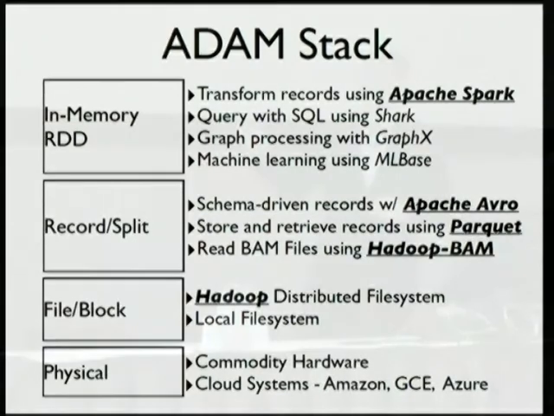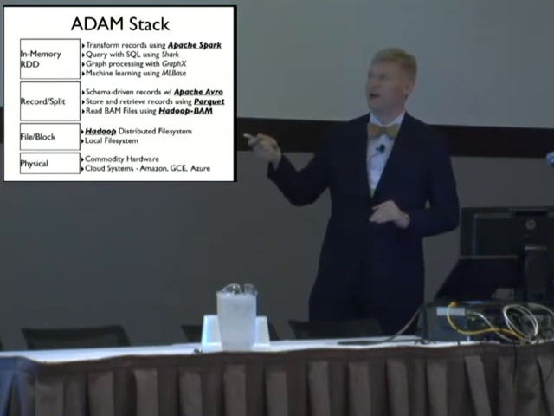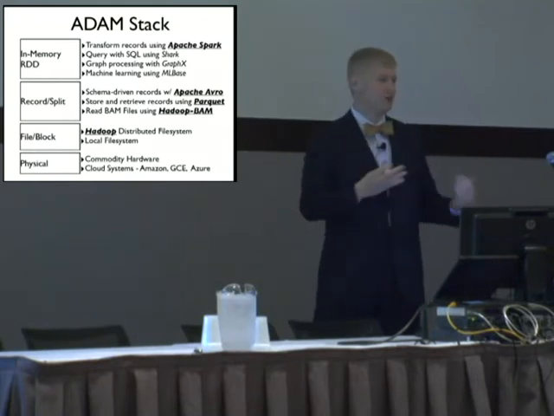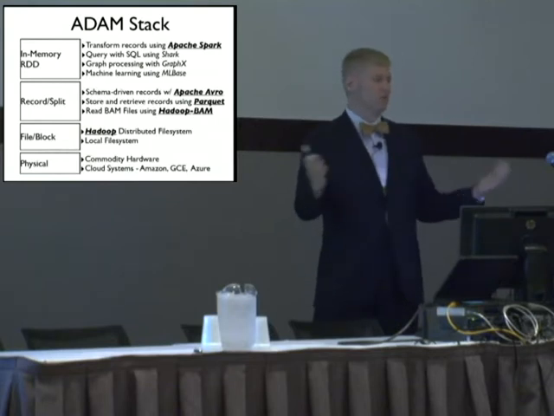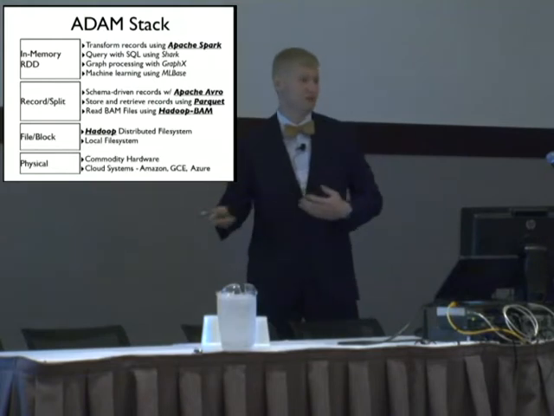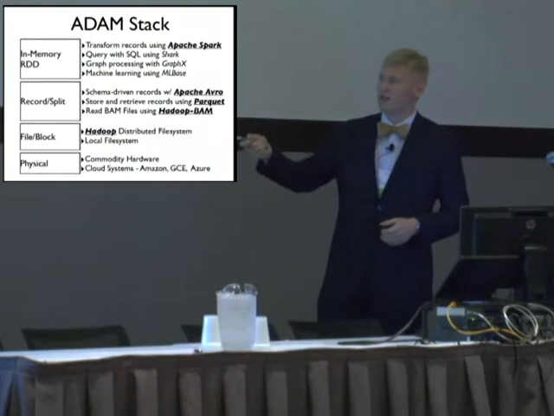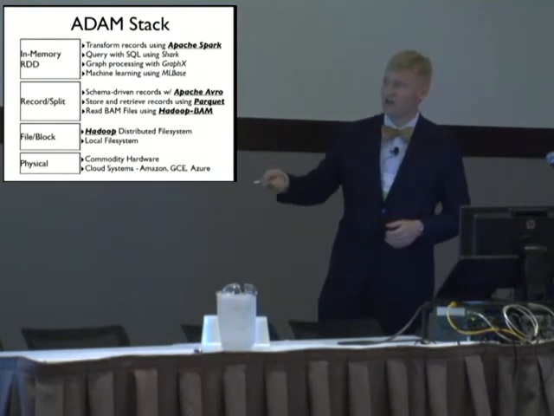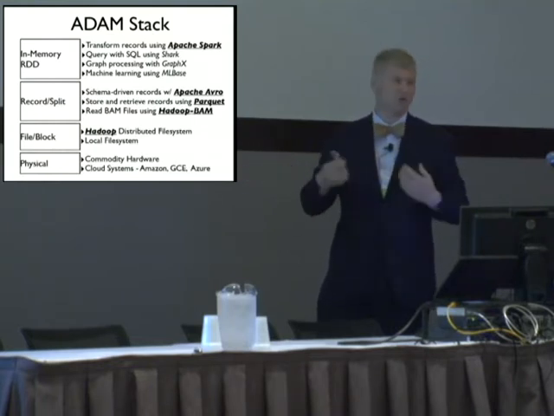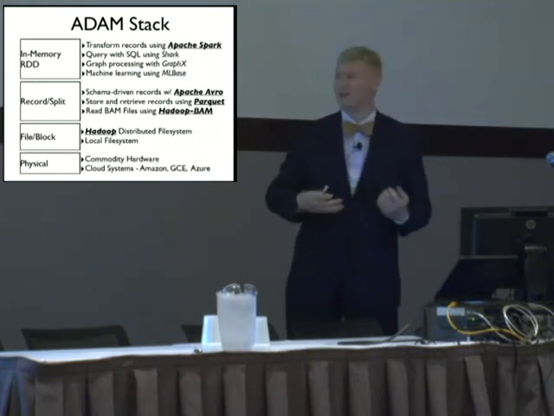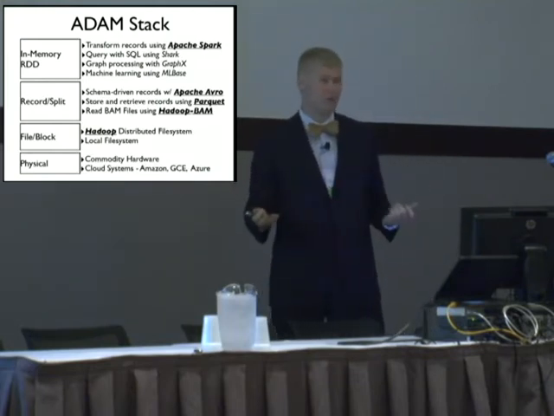What we've implemented in ADAM is this API and command line that does the operations and transformations at this level. We expose a big distributed array of reads or variant calls to you. The advantage of this is that it gives us a lot of ability in the implementation, below the API, to optimize how we store data, how we interchange data, and what we're running on.